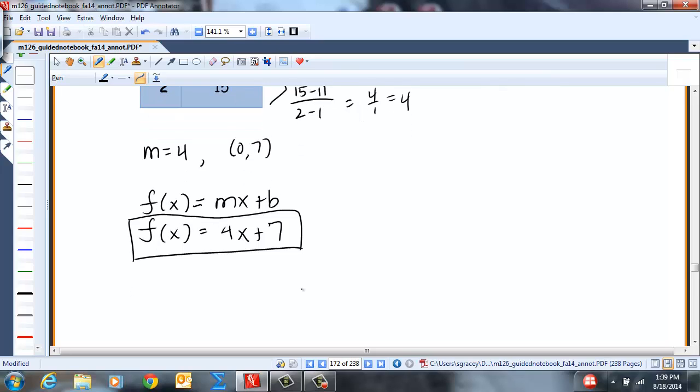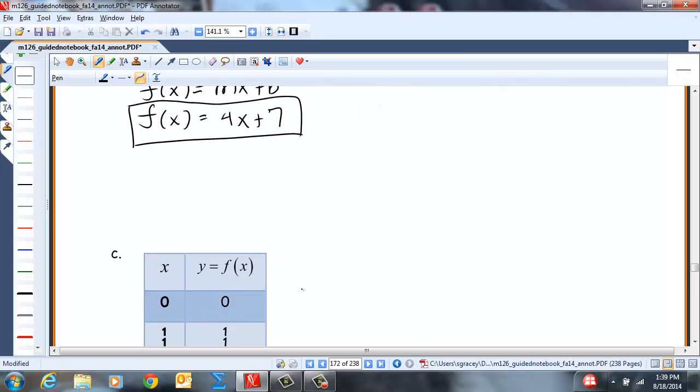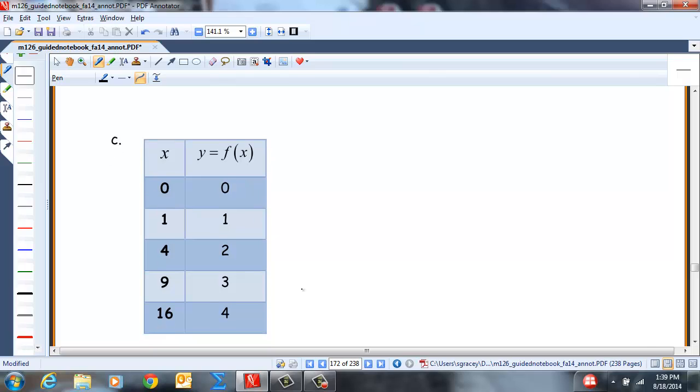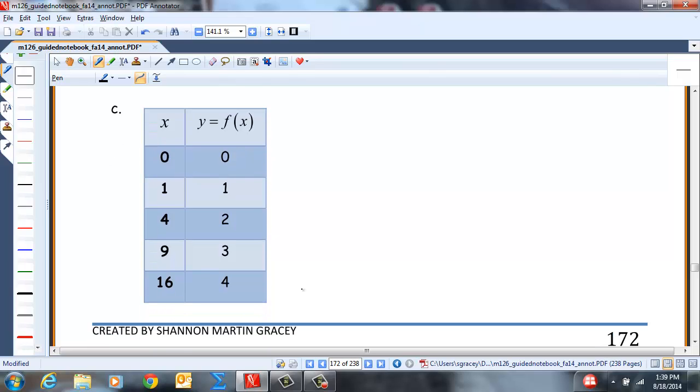All right, so last one. Let's see what we have. Again, average rate of change. We'll try this one first and see how it goes.